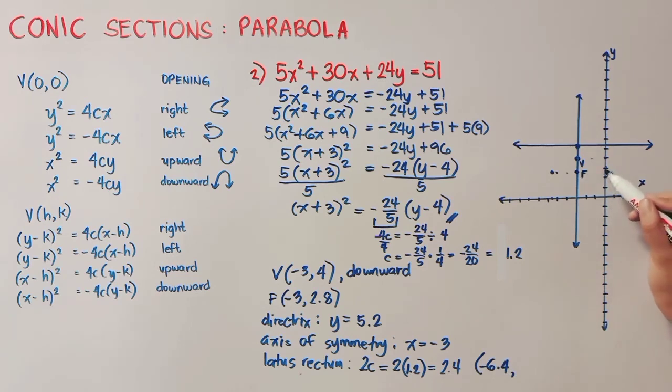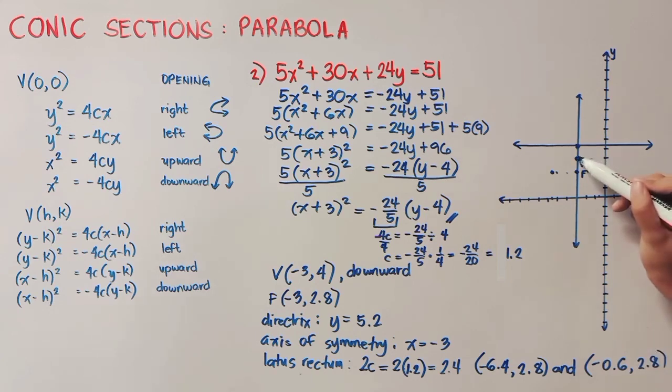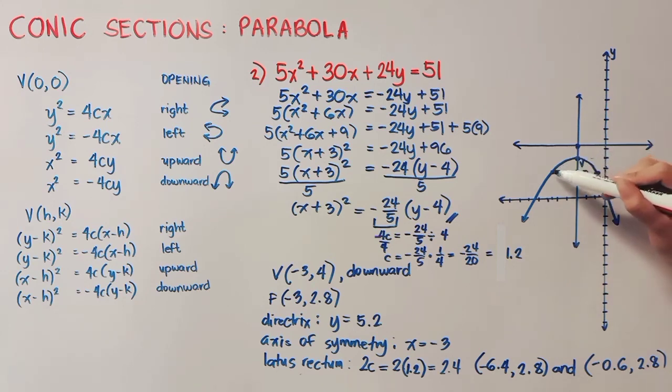And then this point here is same with the focus. So it's 2.8. And then the other one is, let's count 2.4 units here. So it is in this portion. Now that is negative 0.6. And then same with the focus, it is in line with 2.8. Now we'll just have to create a curve here connecting the end points and then the vertex. So this is our graph.